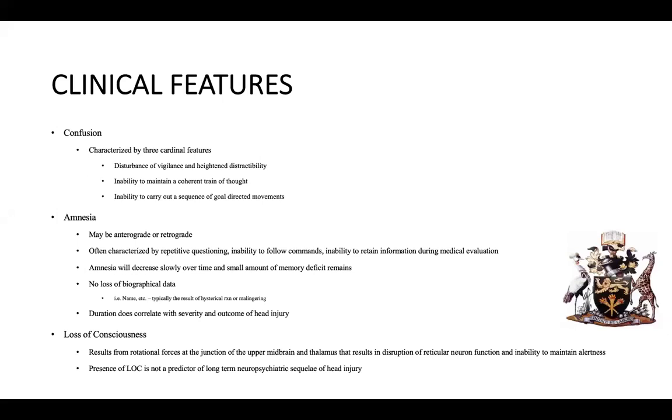The amnesia, usually it's either anterograde or retrograde. In anterograde, it means that they remember until the time of the accident, but they cannot remember from the time of the accident until the time you are talking to them. They have a blank. Or retrograde, where they found themselves in hospital, but when you ask them what happened, they'll tell you an event which happened 2 hours prior to the accident. They cannot remember what happened prior to the accident.